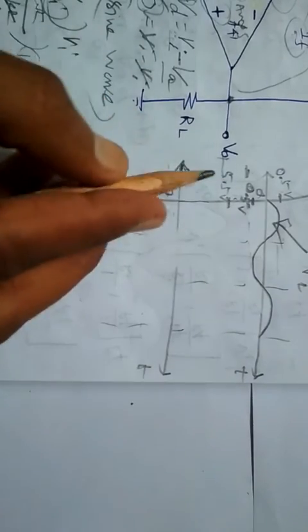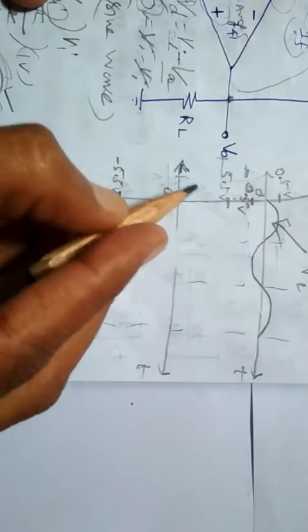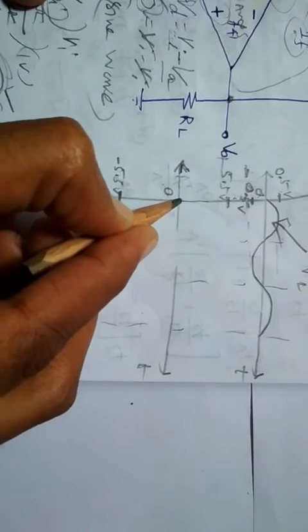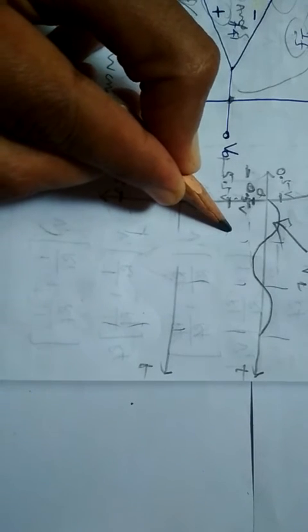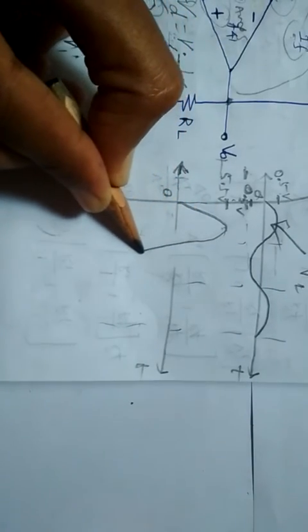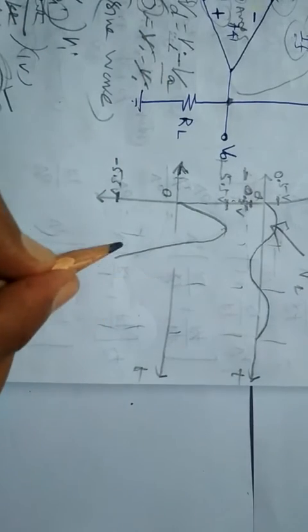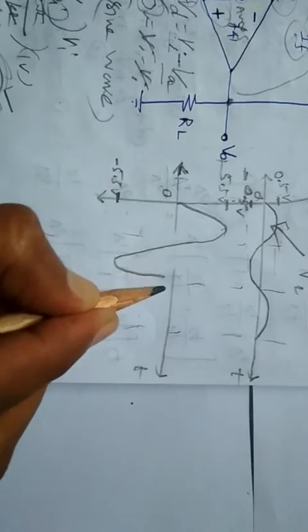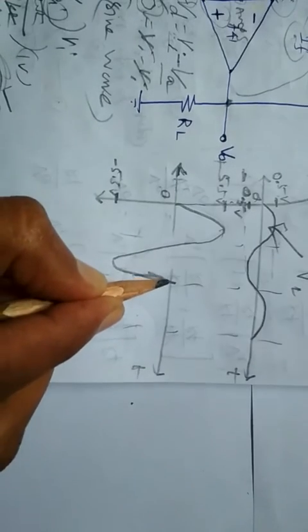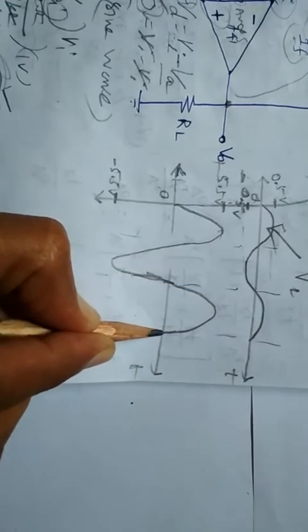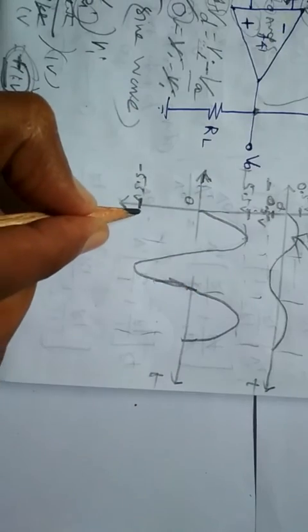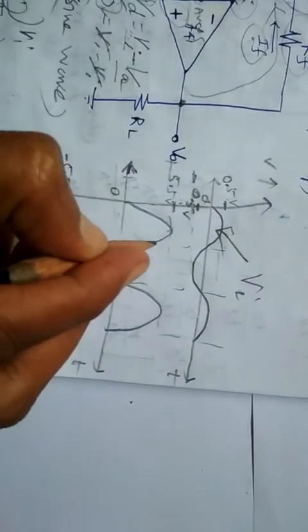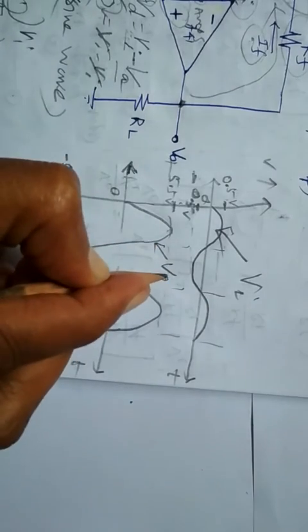Here the potential is positive, so we have to draw the waveform without any phase shift with the input waveform. You have to draw like this. The waveform is drawn between plus 5.5 volts and minus 5.5 volts, and you can name this your V out.